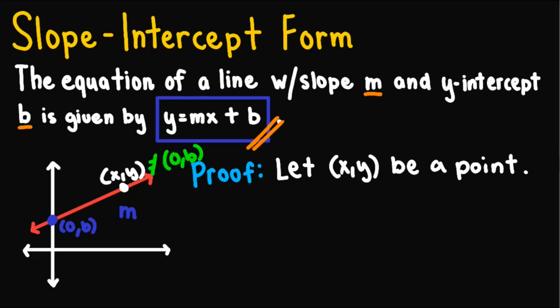The reason for that is because we want to get the slope using the y-intercept and another point. So if they are the same, then we can't really get the slope of the given line.